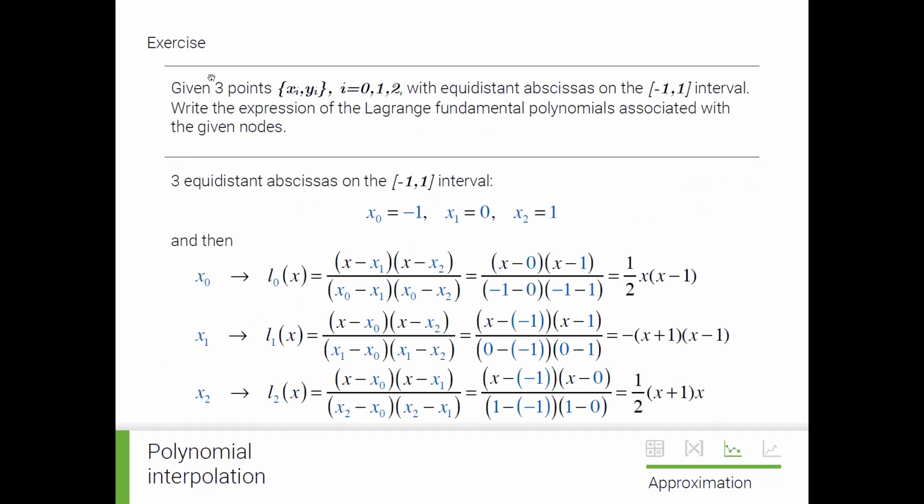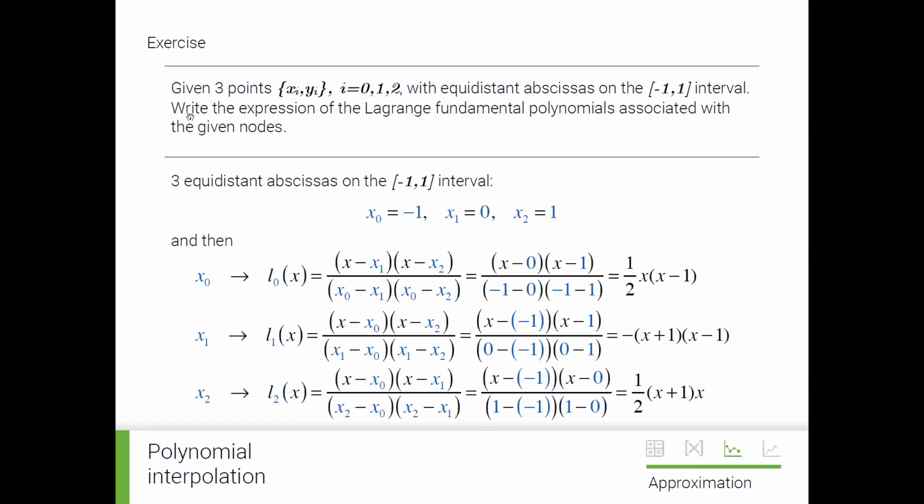Okay, now an exercise. Given 3 points xi, yi, i from 0 till 2, of course, because of 3 points. They are equidistant abscissas on the interval -1 to 1. Equidistant, you know, equal distance.